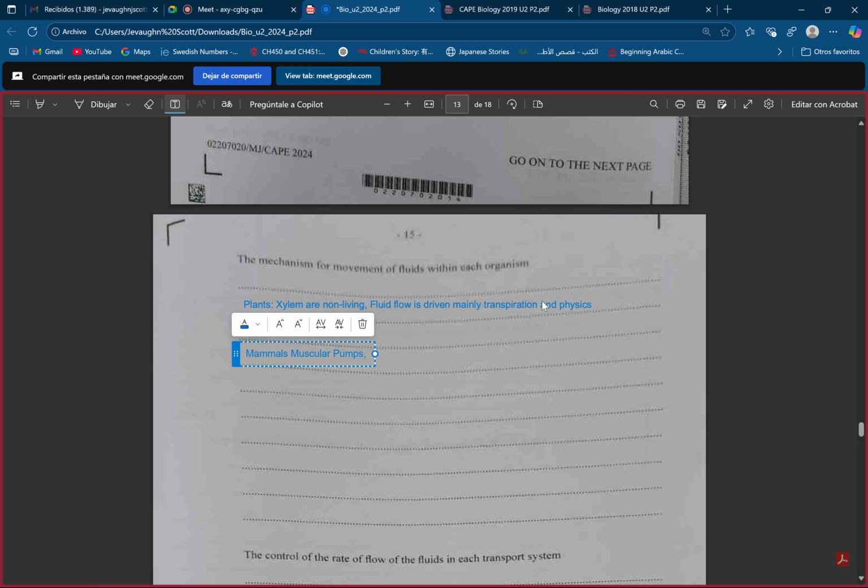So we could also state that in plants, in the xylem they use that, but for the phloem we use the pressure flow hypothesis. So in mammals, can you add what we use?